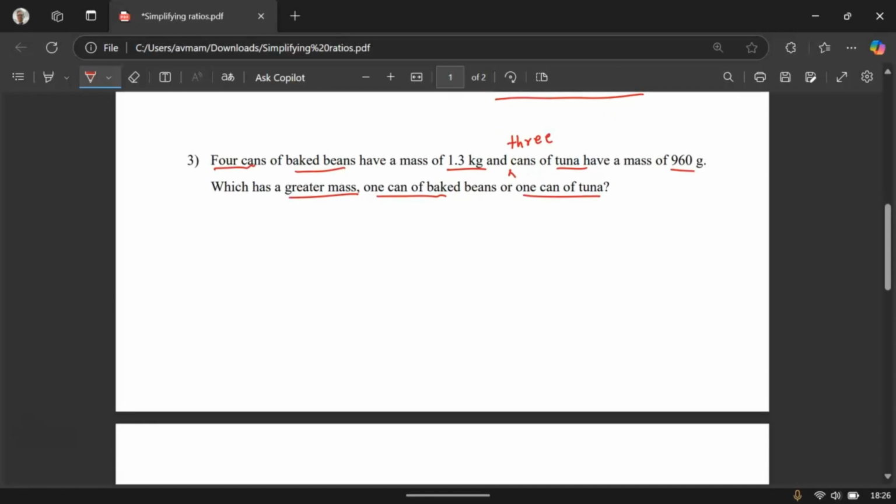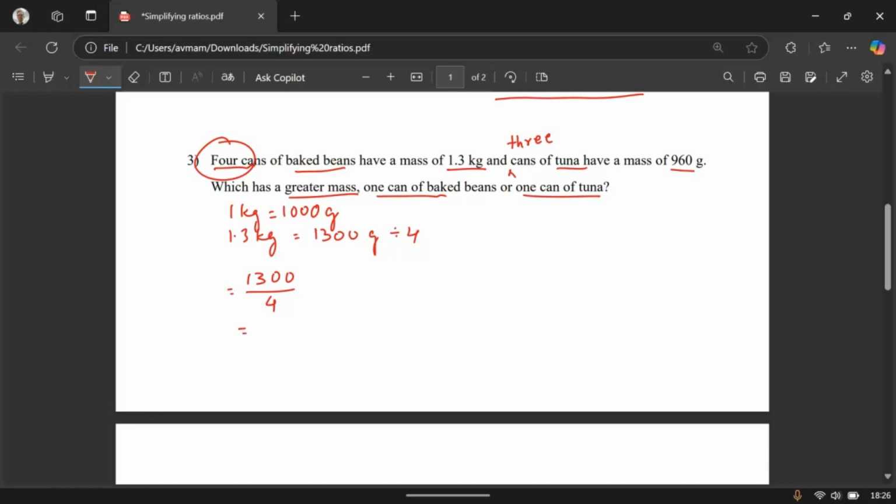Let me change 1.3 kilograms to grams. Since 1 kilogram is 1000 grams, 1.3 kilograms is going to be 1000 times 1.3, which is 1300 grams. Now let us divide it by 4 to find the mass of 1 can of baked beans. So 1300 divided by 4 will give me, let's try and use some mental strategies.